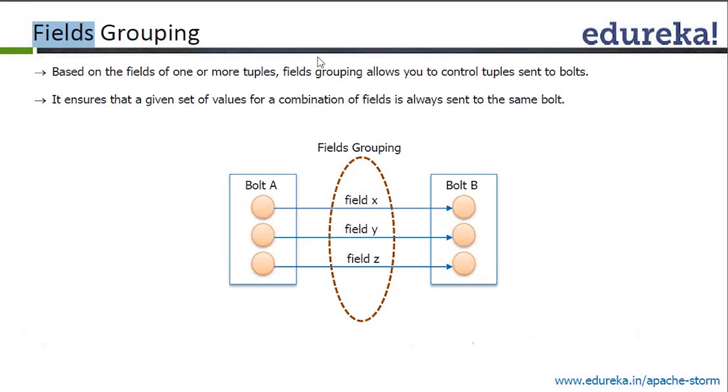Join. Isn't it the simplest example? Real-time joins, right? Exactly. Pattern matching, exactly, yes. Makes sense. Exactly, yes. So basically, yes, you can group by the field and all, exactly.